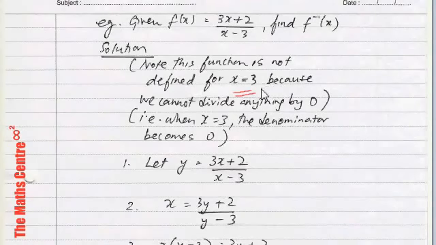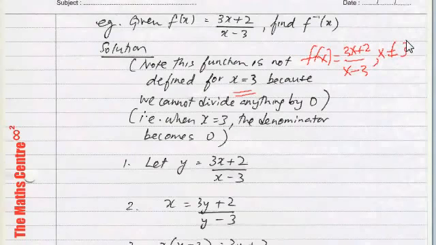It does not exist for x equals to 3, because when you plug in x equals to 3 in the denominator, you have to divide something by 0, and you cannot divide anything by 0. So this function, please remember, is not defined for x equals to 3. People may write the function like this in books: 3x plus 2 over x minus 3, and then they'll say x cannot be equal to 3.